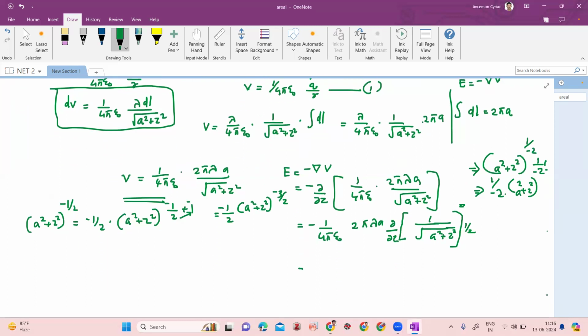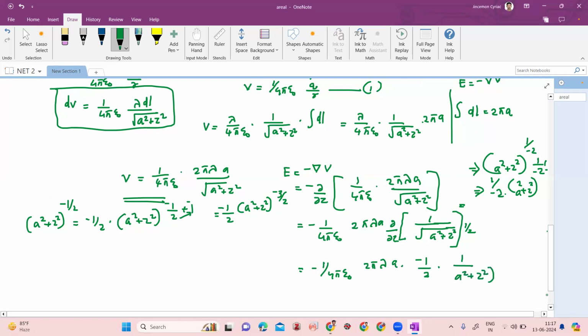Then our equation becomes minus 1 by 4 pi epsilon 0, 2 pi lambda a, into minus 1 by 2, into 1 by a square plus z square all raised to 3 by 2. We can cancel this value, and also the negative value we can cancel.